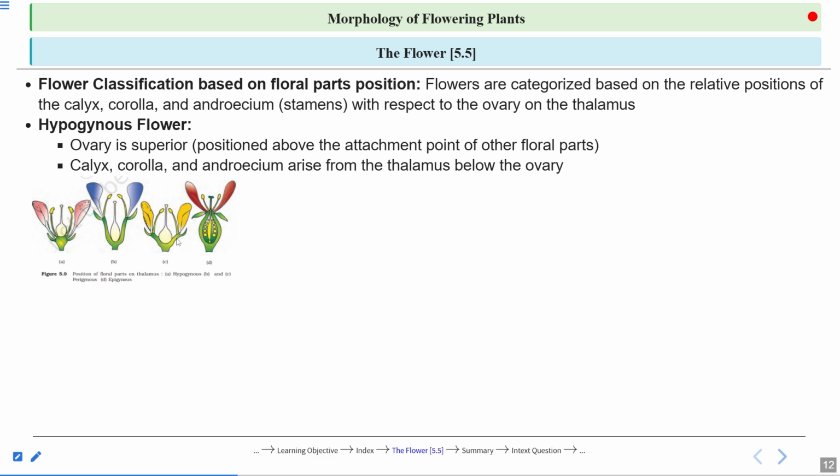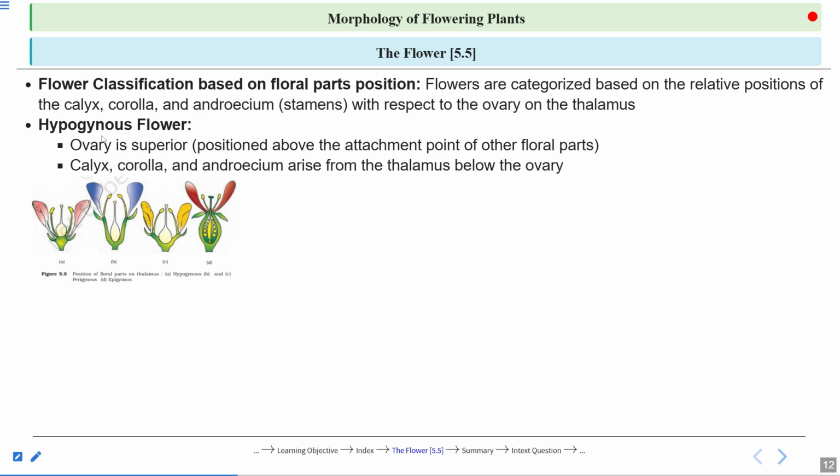In this one, the ovary is embedded downward in the thalamus and all the floral parts are rising above the ovary. This is the calyx, this is the corolla and this is the androecium. These three are above the ovary in the case of epigynous.